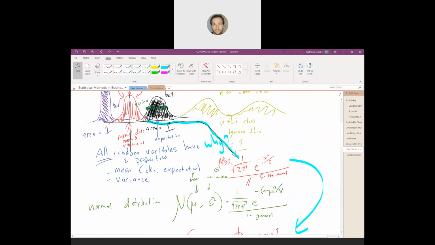So there's three components to this. There's the x squared. So we see an x squared here. We see e to the negative something. And then we have this 1 over the square root of 2 pi.